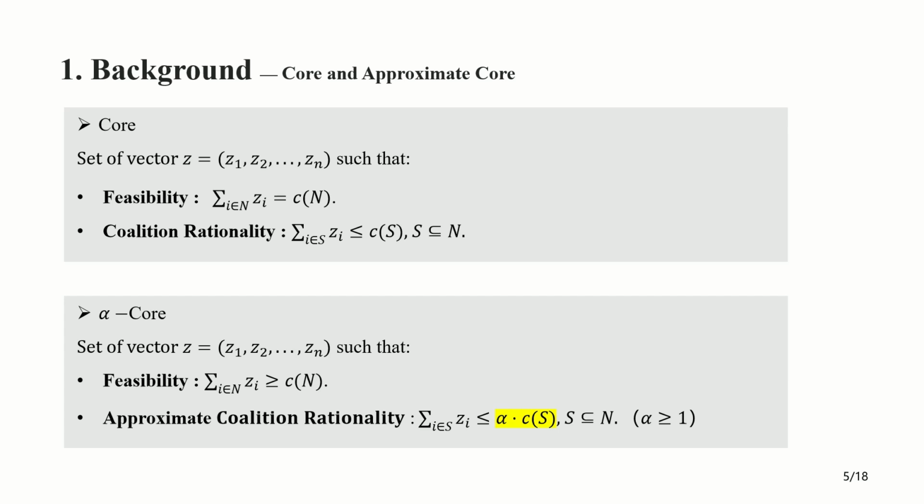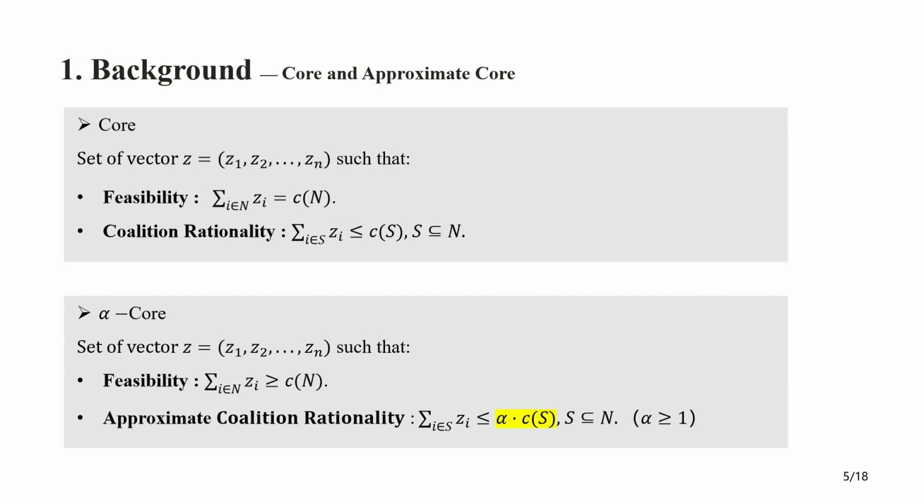This definition ensures that the total cost generated by the grand coalition is fully allocated, and that the cost allocated to any smaller coalition will not exceed alpha times the cost they would incur by breaking away from the grand coalition and cooperating on their own.